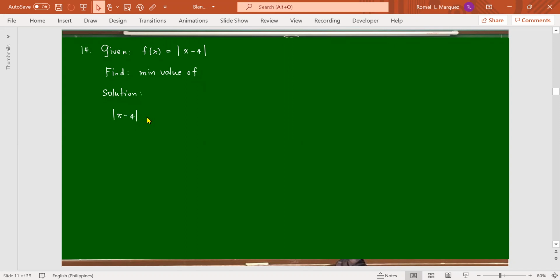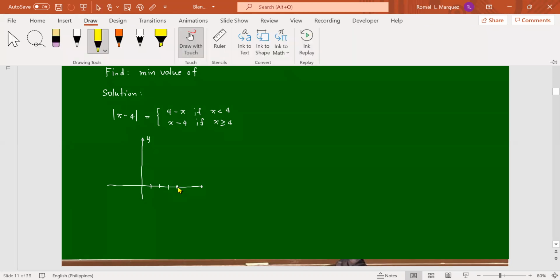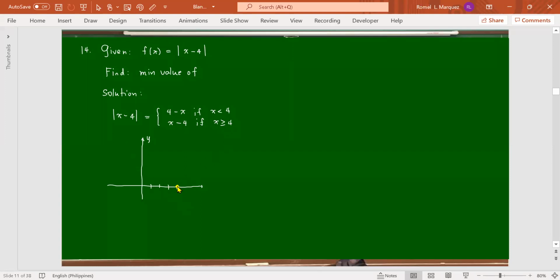The absolute value of x minus 4 is defined as 4 minus x if x is less than 4, and it is x minus 4 if x is greater than or equal to 4. If we're going to draw the graph, it has a vertex at 4, and then it opens upward. So something like this.